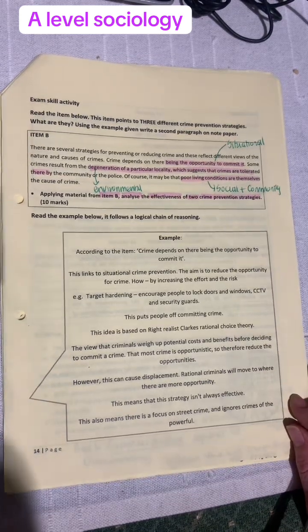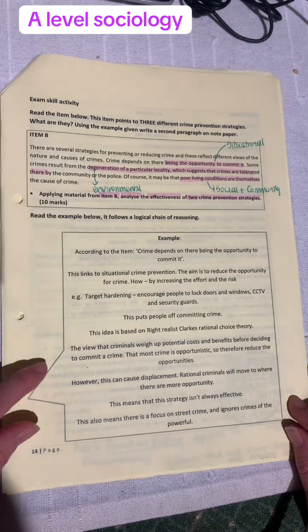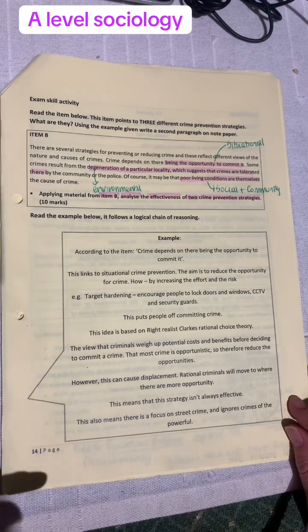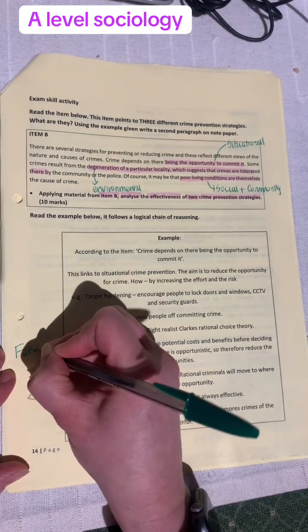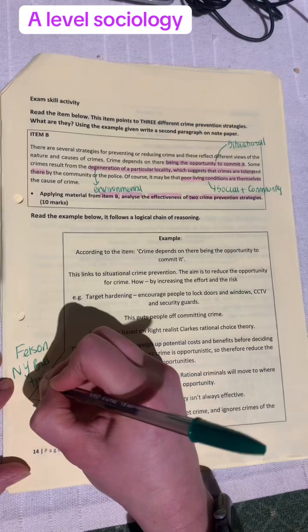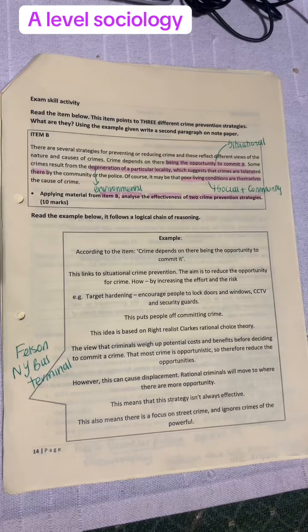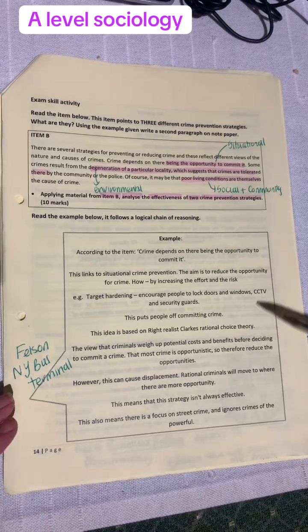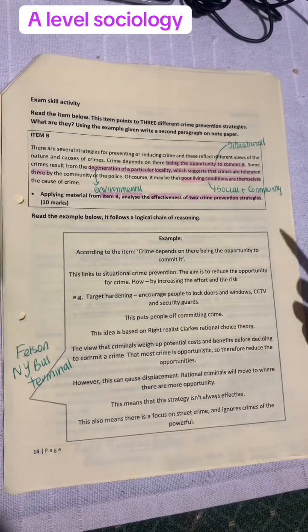Now, what you could add here as well is actually a further piece of research just to illustrate and actually use to show how effective this strategy might be. So we could link it into Felsen and the New York bus terminal. Okay, the Port Authority bus terminal. And that might be a really good example to explain how they made it harder for people to commit crime. They basically designed crime out.